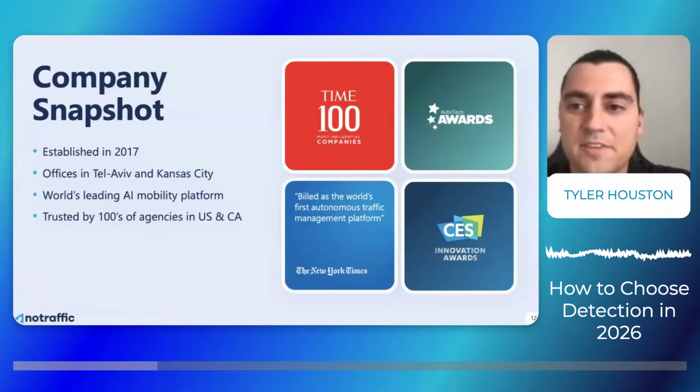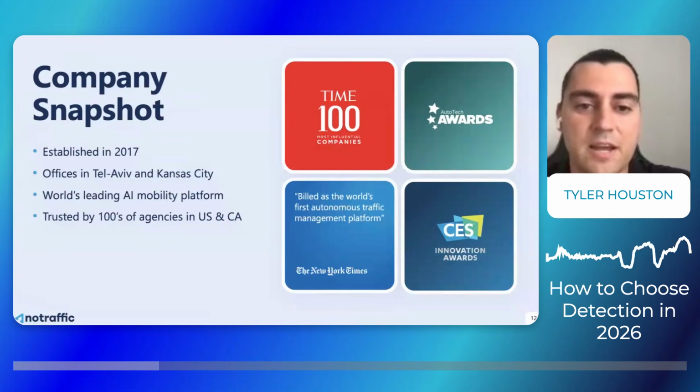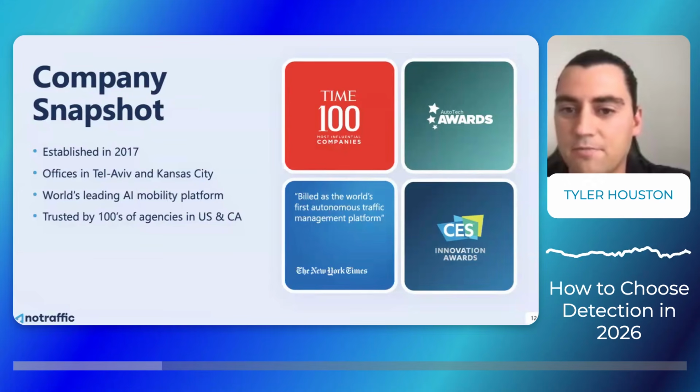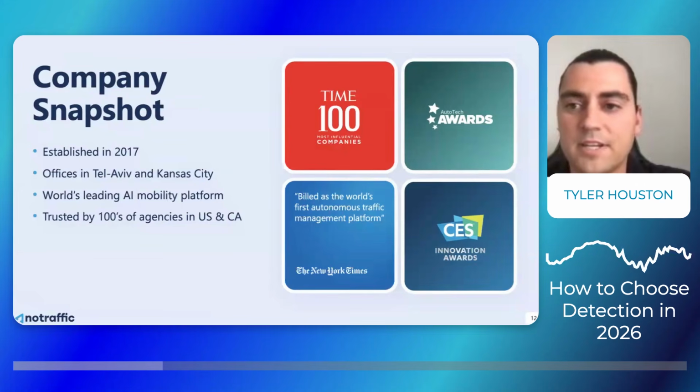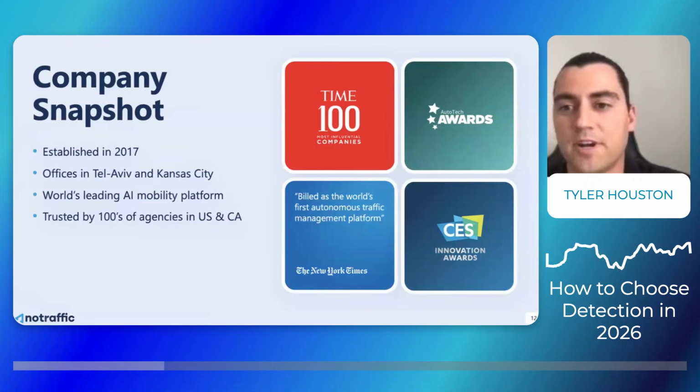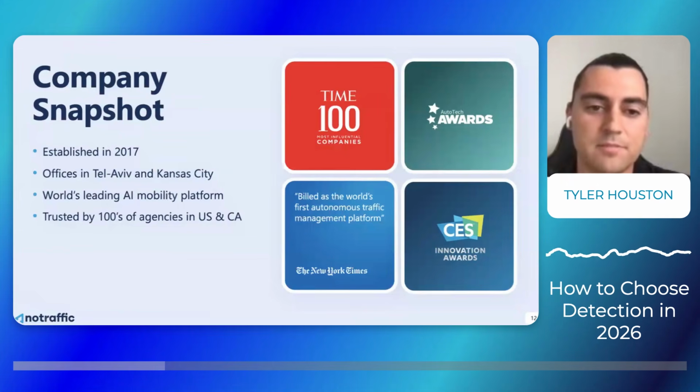Now, before we jump into the specifics, I want to give a little background on NoTraffic. So our company was established in 2017. We do have offices in Tel Aviv and in Kansas City. And the industry is really starting to take note of what we're doing here because it's pretty unique in the sense that not only do we deliver detection, but we can do a variety of different applications on top of this.